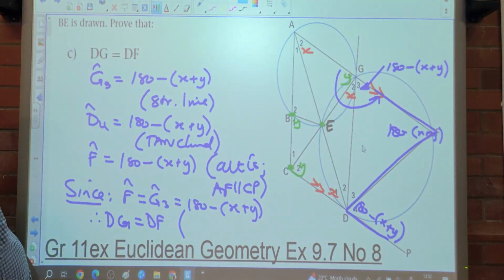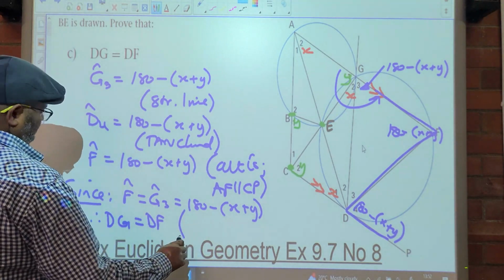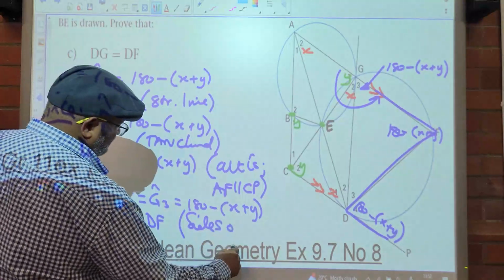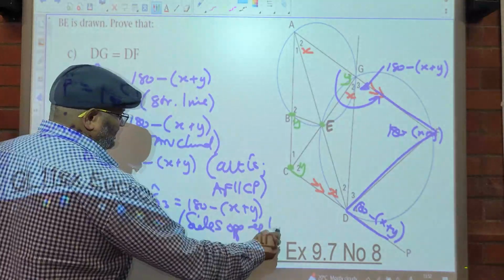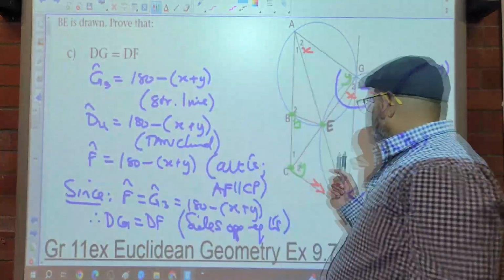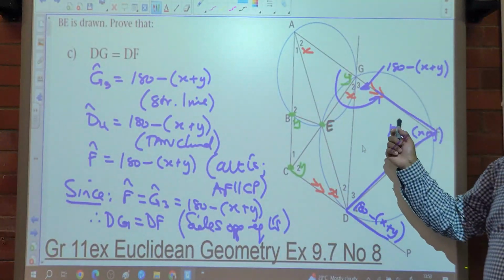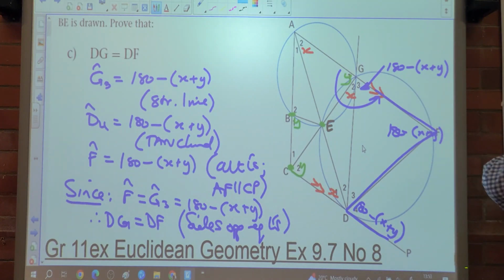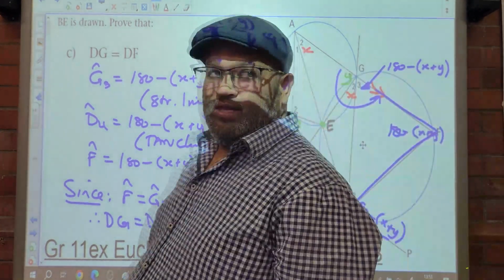Why? Sides opposite equal angles. Remember that the angles were equal here. Okay, so it's going to be sides opposite equal angles. Okay. Any questions?